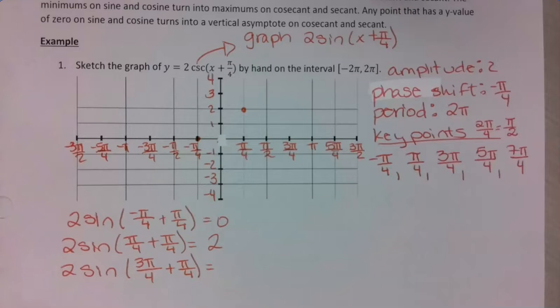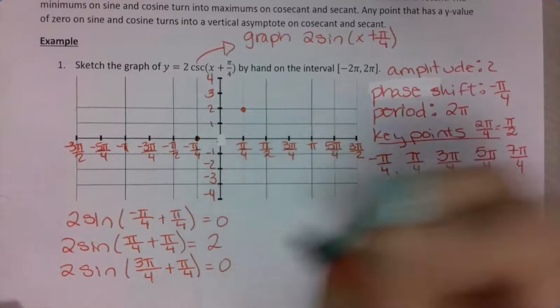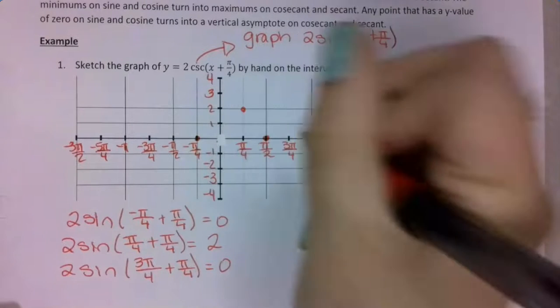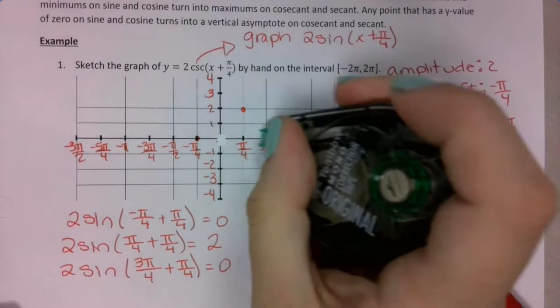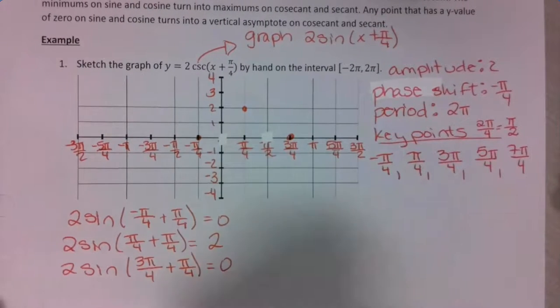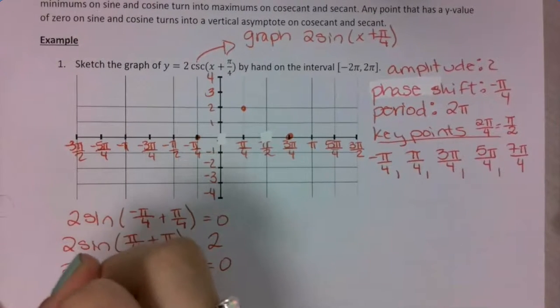Okay. So what do I get when I plug in 3 pi fourths? No. 0. Ah, 3 pi fourths, not pi halves. Okay. Then I want to go do the same thing for 5 pi fourths.